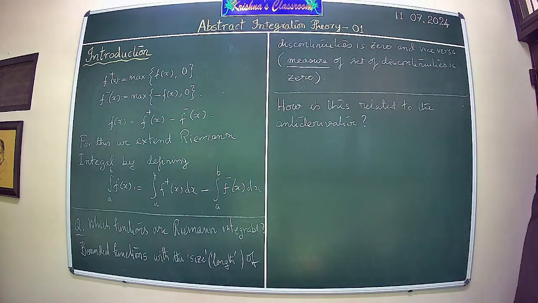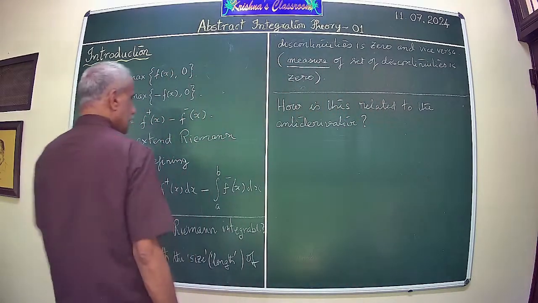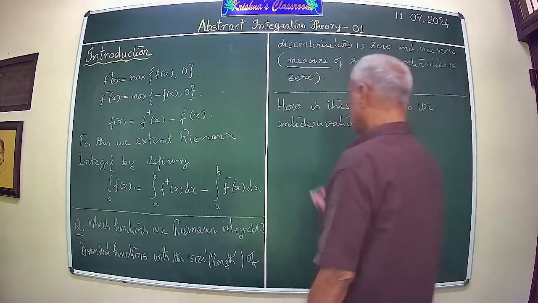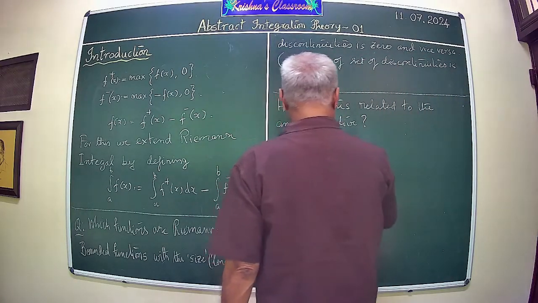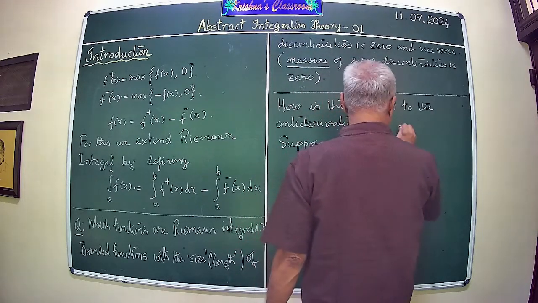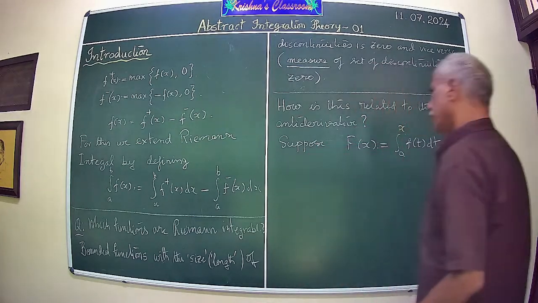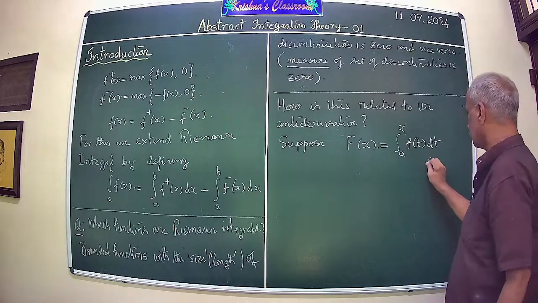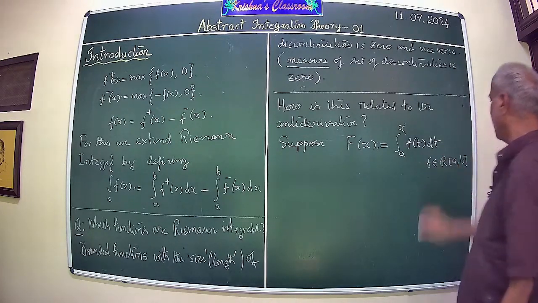How is this related to the antiderivative? Now one proves the following. Suppose F(x) is defined as this integral, a Riemann integral. We are working with the Riemann integrable functions, the class of all Riemann integrable functions.